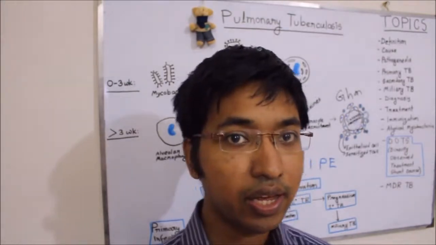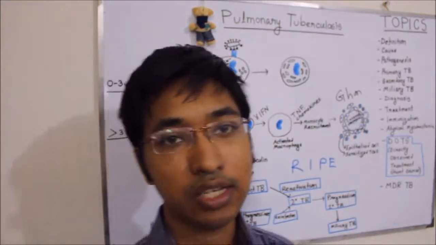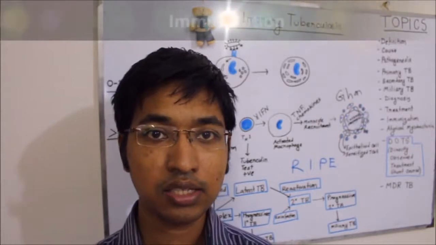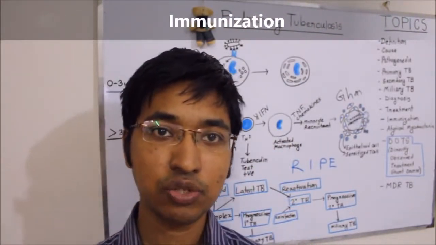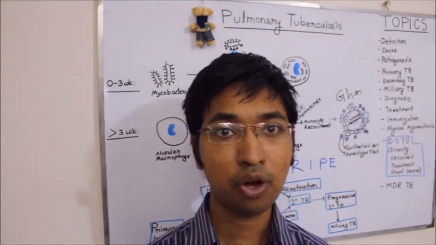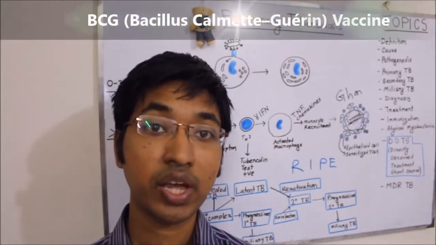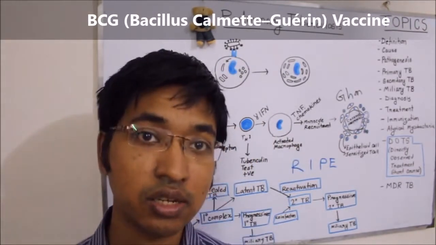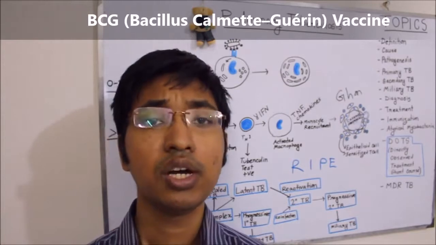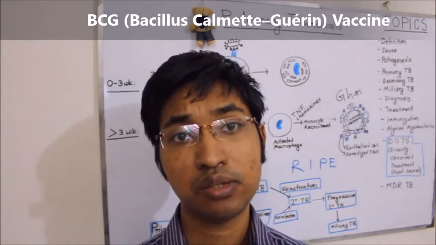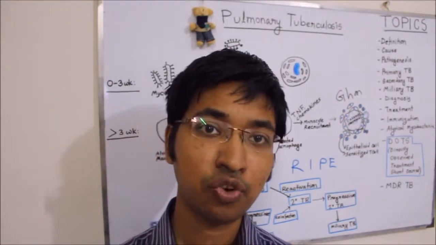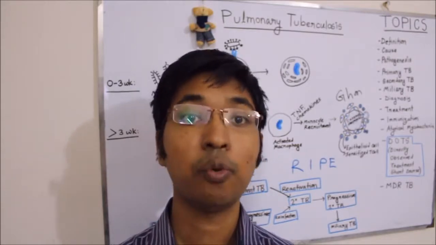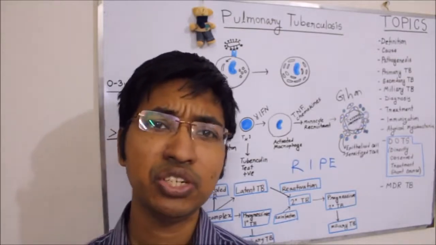Now, regarding the next topic, and that was immunization. A vaccine against Mycobacterium tuberculosis is available, that is known as BCG vaccine, which is made from a live attenuated strain of Mycobacterium bovis that has lost its virulence in humans. However, the immunity provided by this vaccine is variable, ranging from 80% to 0%, and the immunity lasts for about 15 years.